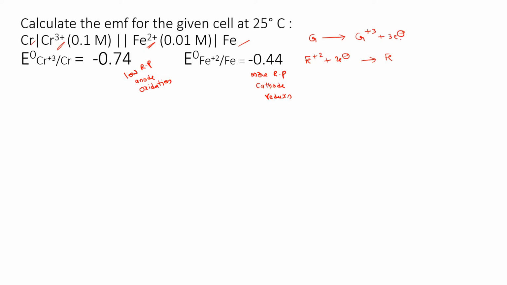But here electrons are not balanced, so I am multiplying this one with 2, and this one with 3. Now what happens after multiplication? 2 chromium undergo oxidation to give 2 chromium plus 3 plus 6 electrons. Next, 3 moles of Fe plus 2 plus 6 electrons.